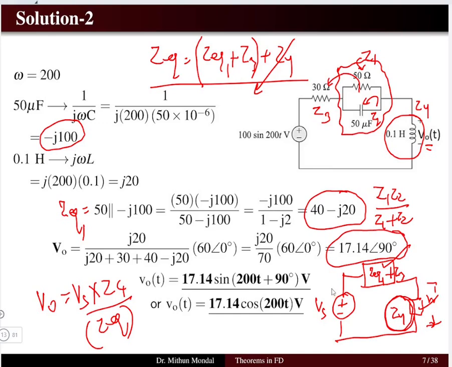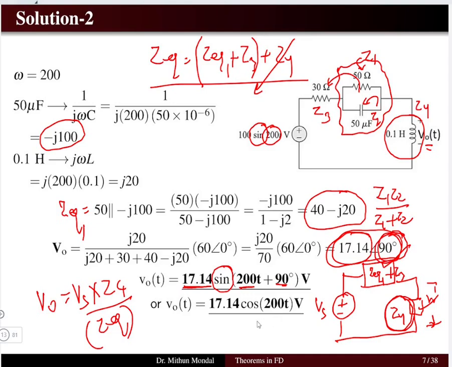Now we need to convert that into time domain form, that is the instantaneous form, where the source voltage is in the form of a sine and the frequency is 200. So I can write that the maximum amplitude of the voltage that I got is 17.14. We have a sine component here, omega t plus 90 degrees, which is the angle we got for the voltage.